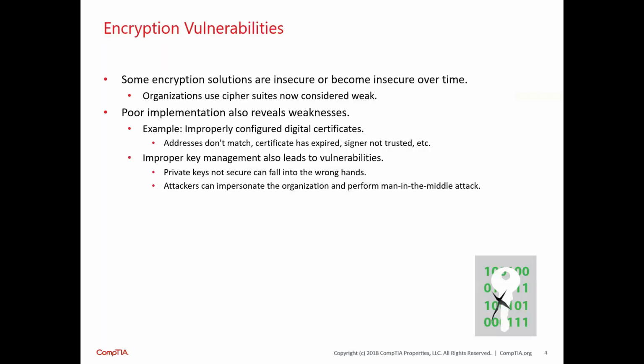Besides that, we also have other types of vulnerabilities, like encryption vulnerabilities. Some encryption solutions are insecure or become insecure over time. For example, the case of MD5, where you can create the same hash value for two different files.